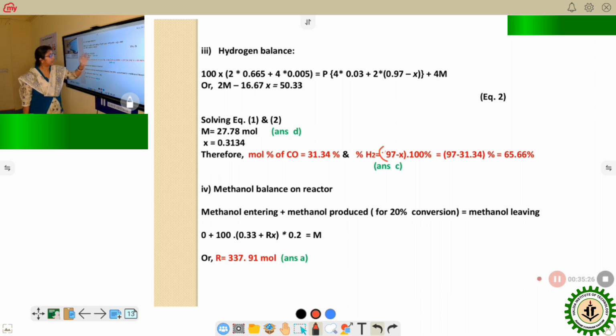That is the answer of C. So by putting this value of X and the N value already determined here, 27.78 mole, we will get this value of R. That is the total moles of the recycled stream. That is R equals 337.91 mole. This is the answer. That's all. Thank you.